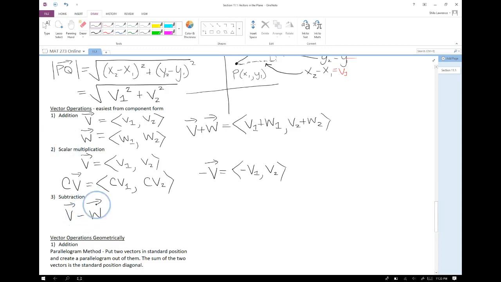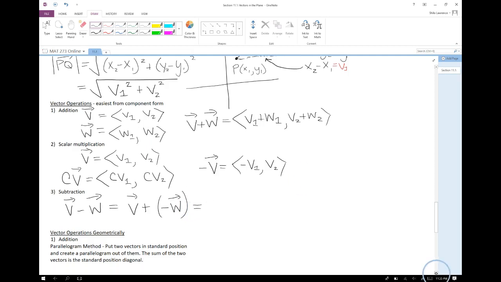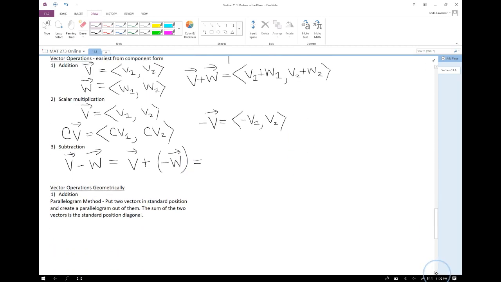Vector v minus vector w is the exact same thing as vector v plus the negative of vector w, and that's going to help us in a few minutes when we try to draw these. Since we're already in component form, these calculations are very easy. You just combine your components with whatever operation they tell you to. So we would do v1 minus w1, v2 minus w2.